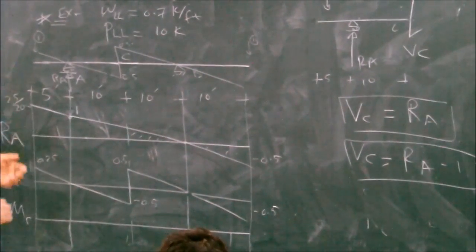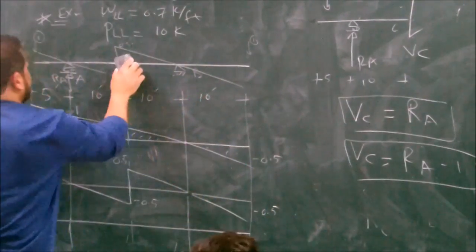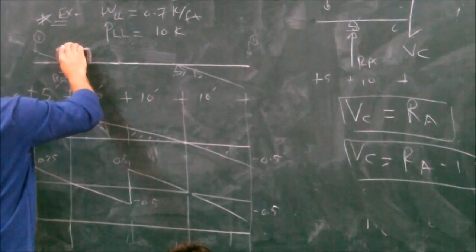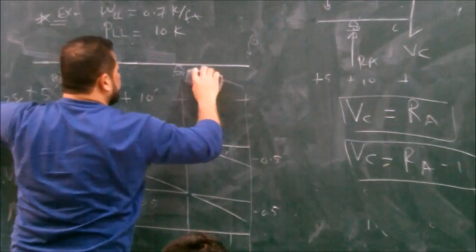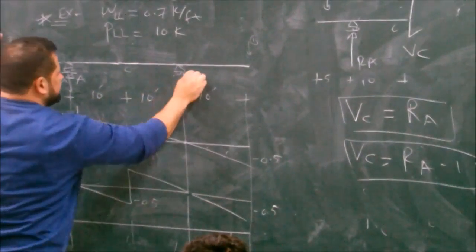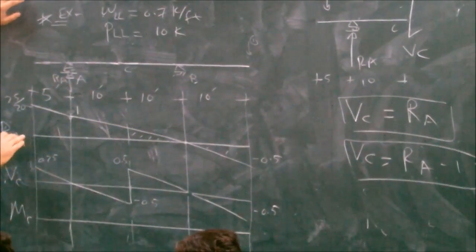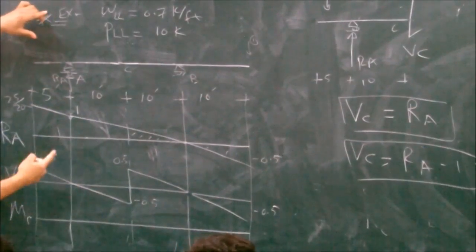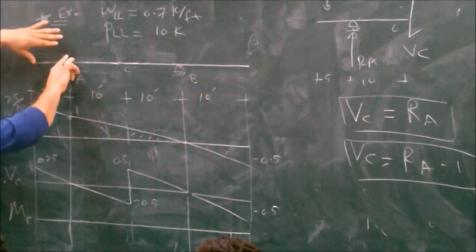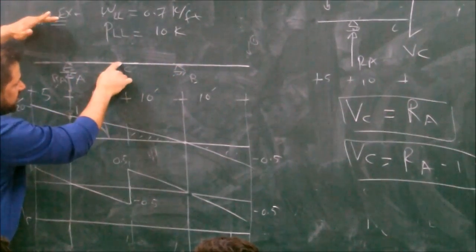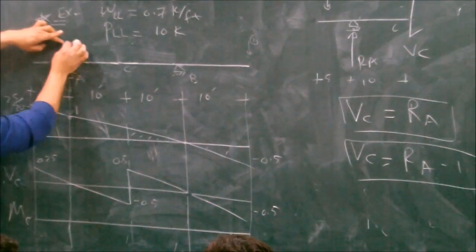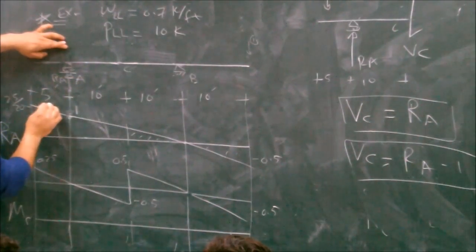Now the moment. A, C, B. I want to draw the influence line for the moment at C. We move the unit load and see what's going on with the moment at C. When the unit load is right here, how much is this one? 1.